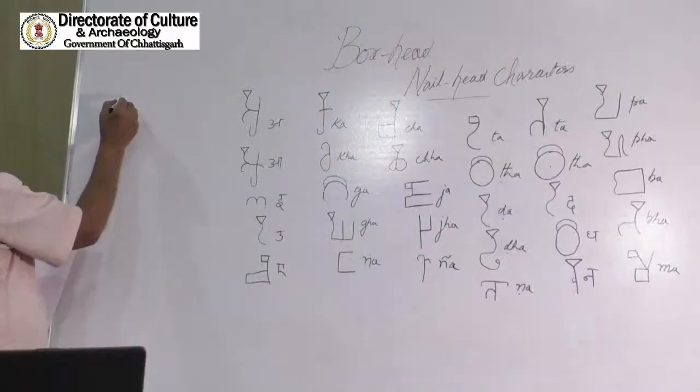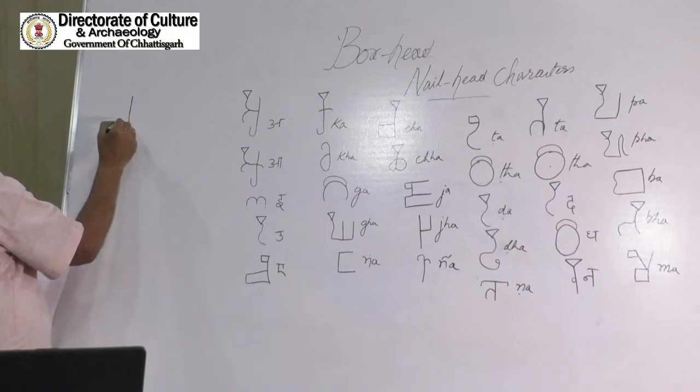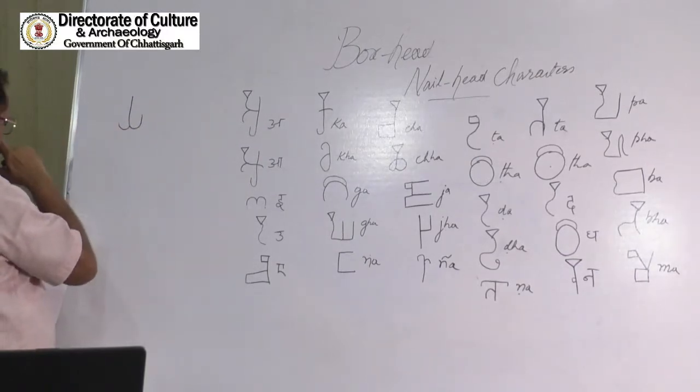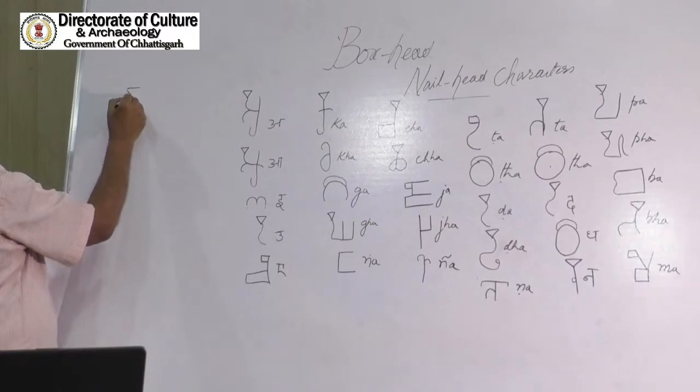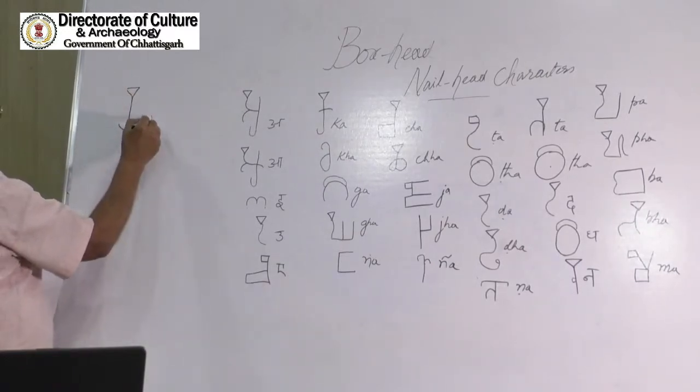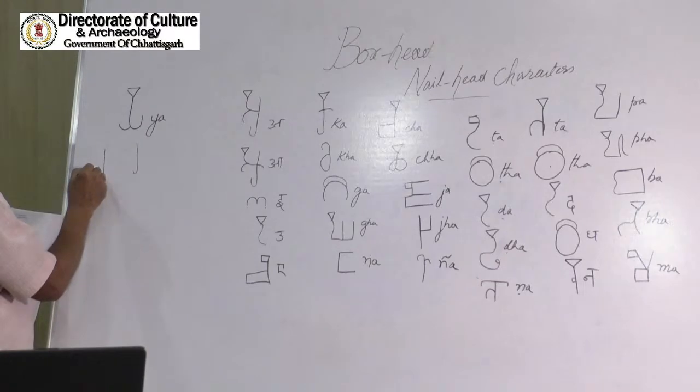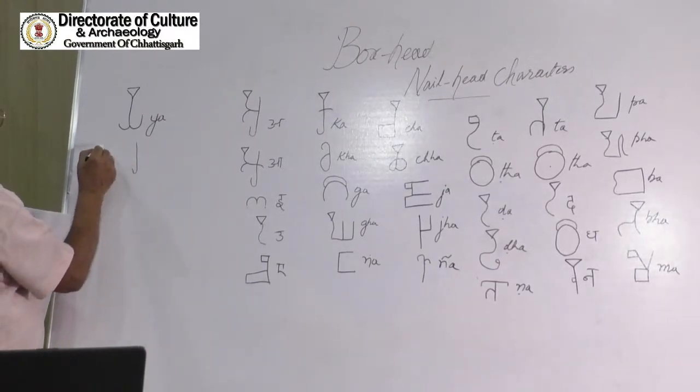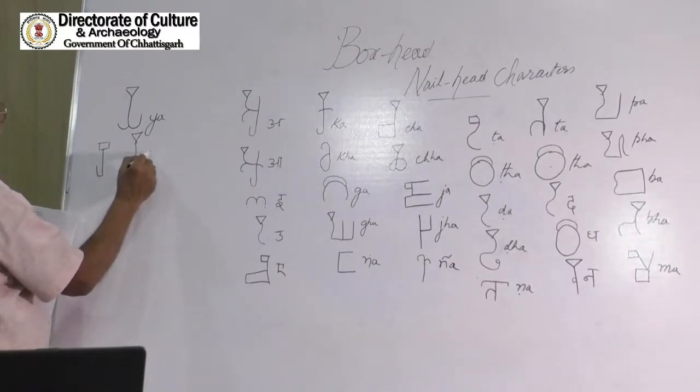Ya is going to be one stroke, a tripartite Ya, and on the top you will find the head mark. Ra again with a curve, whereas in the box-headed it was angular, but here they retain the cursiveness. La doesn't have any here in this context.